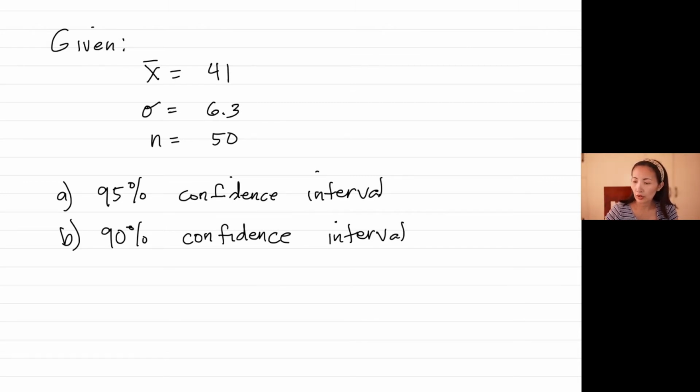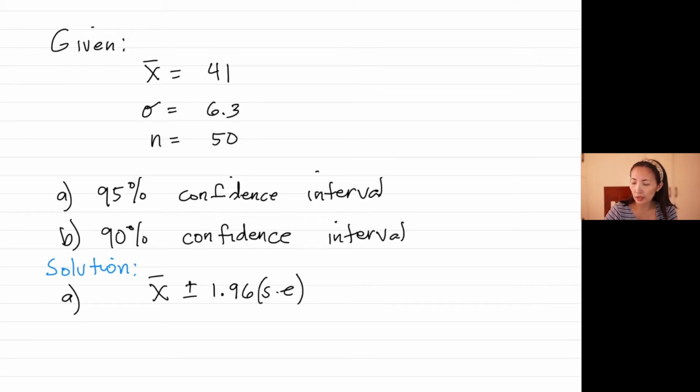So let's solve together. Solution. Okay, once again, x bar plus minus, for letter A, since the confidence level is 95%, we are to use 1.96 times the SE, or the standard error.